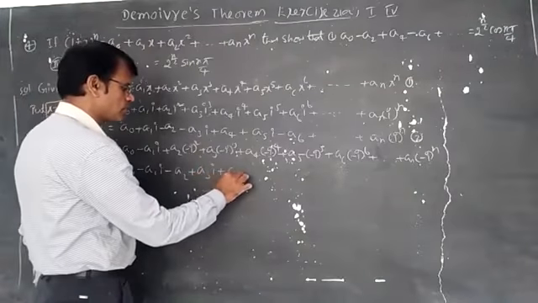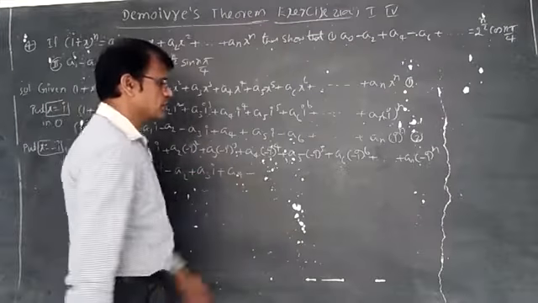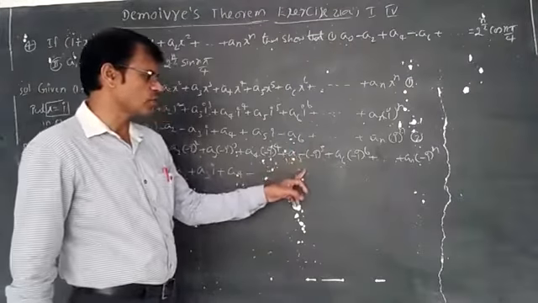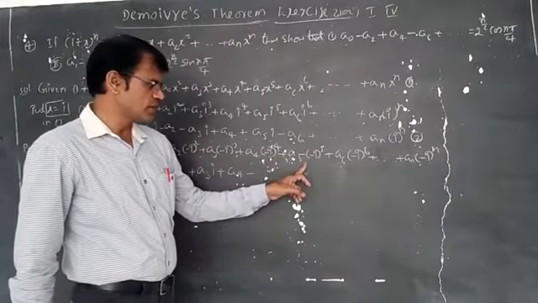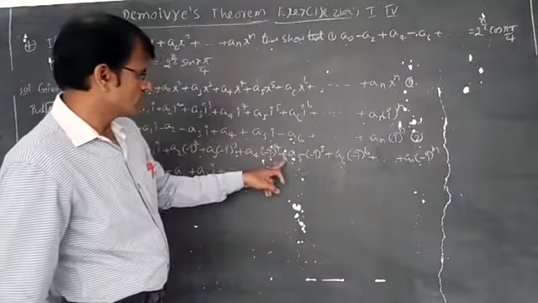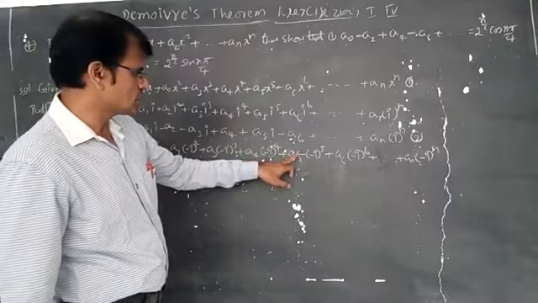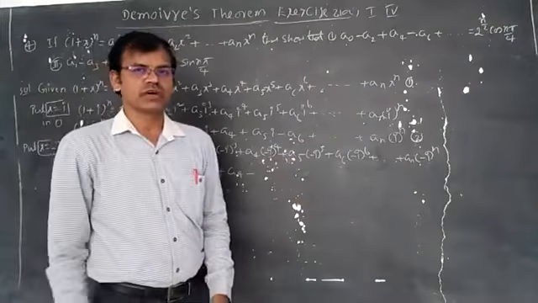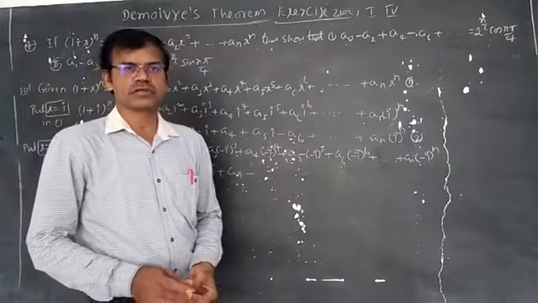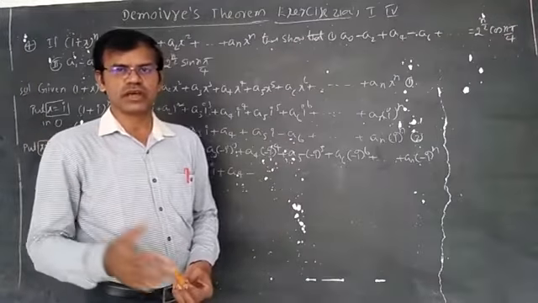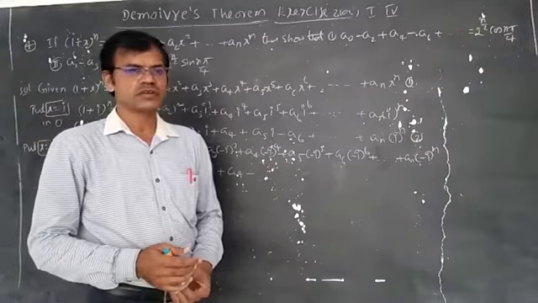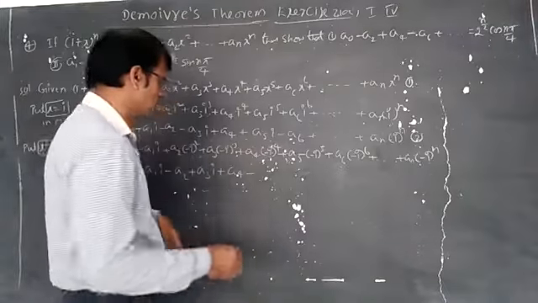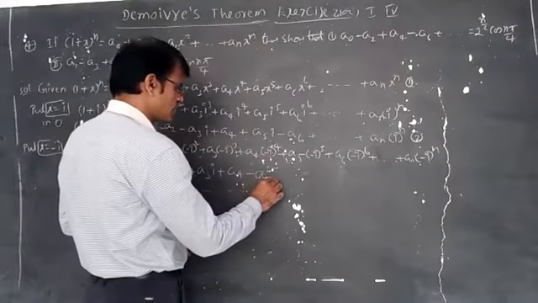Of course a4 is plus. For a5, a5 into (minus i) whole power 5: i power 5 means simply i because i power 4 is equal to 1, so with the minus sign it becomes minus a5 i.